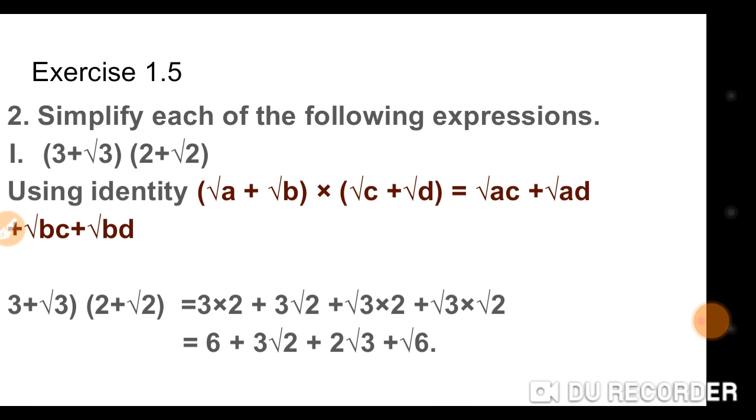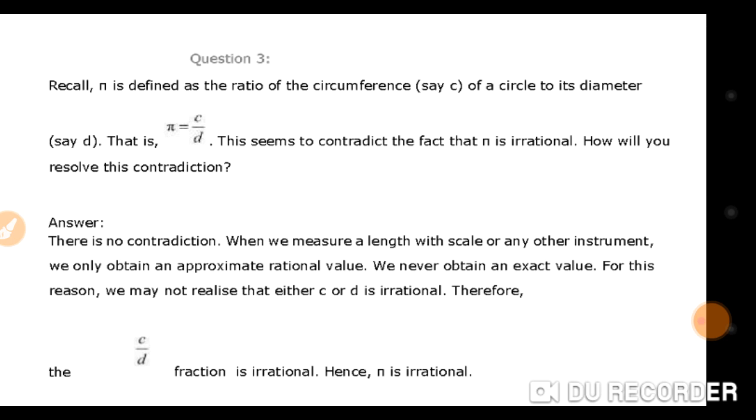So root a plus root b multiplied by root c plus root d is equal to root ac plus root ad plus root bc plus root bd. You have to multiply and add them. So I have solved this one, you can see over here, and note it down. The rest of the parts you have to do yourself using the suitable identities.